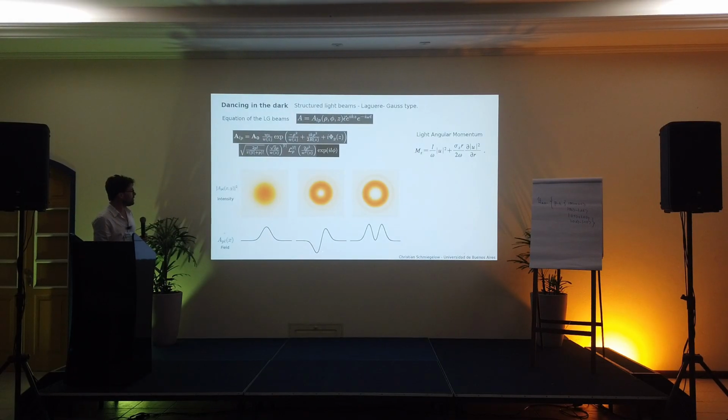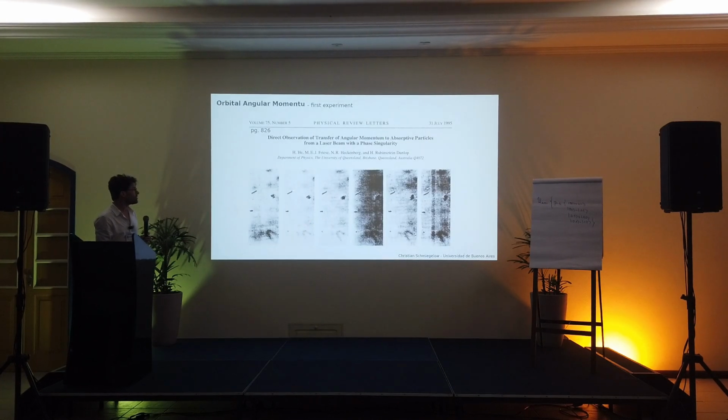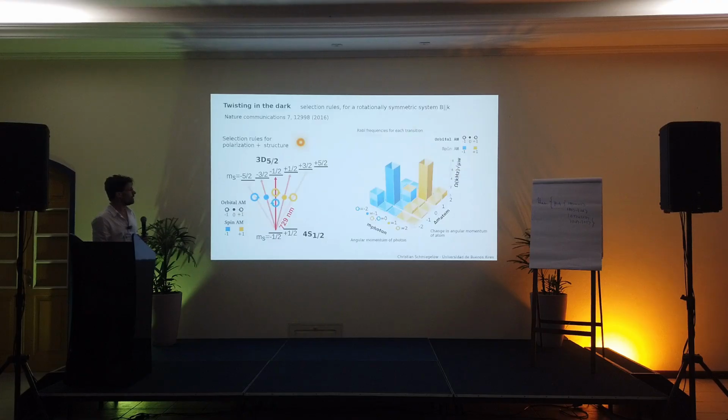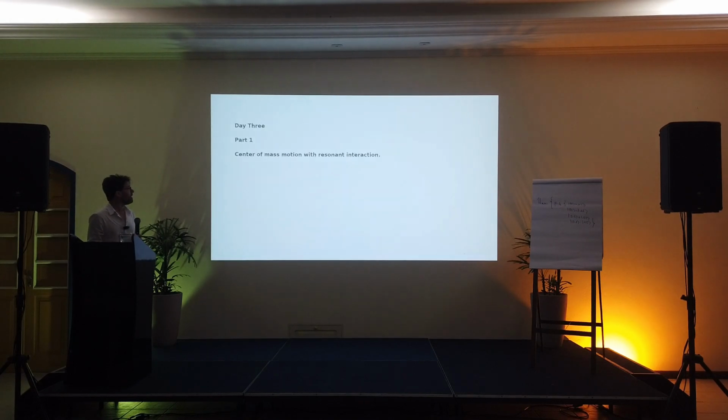We saw that these beams have a strong gradient in the middle, especially the L equal to 1 beam, that there's an angular momentum associated with this phase, and that this angular momentum can be transferred not only to macroscopic particles, but also to the valence electron of a single atom, showing that in all possible scales, the azimuthal phase accounts for an orbital angular momentum of a photon.